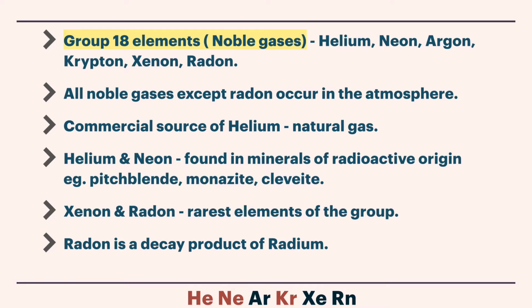Okay, now as you can see that I have written the symbolic form of these elements. So first one, He stands for helium, Ne is neon, Ar is argon, Kr is krypton, Xe is xenon, and Rn is radon.